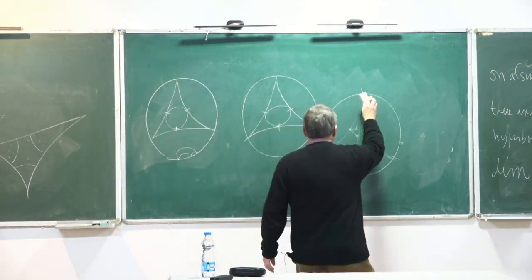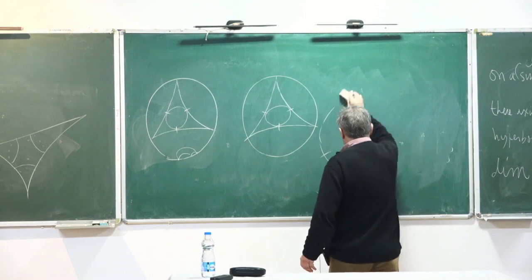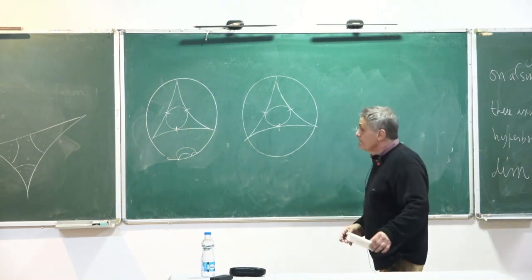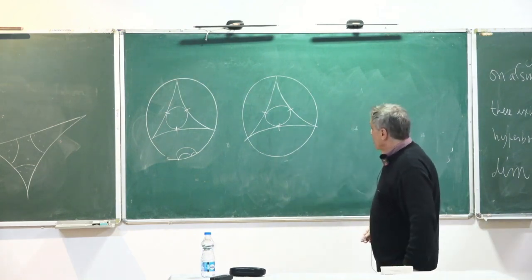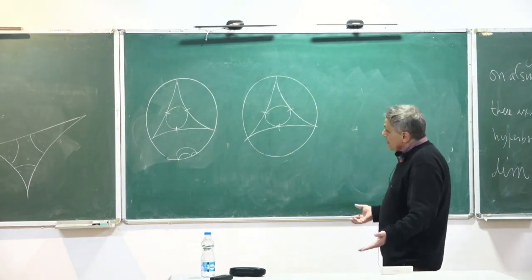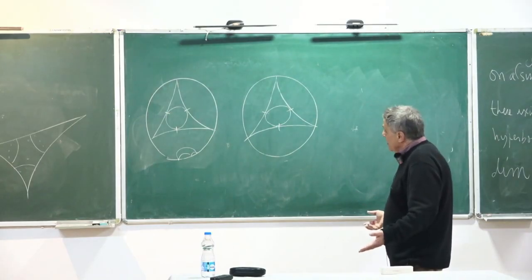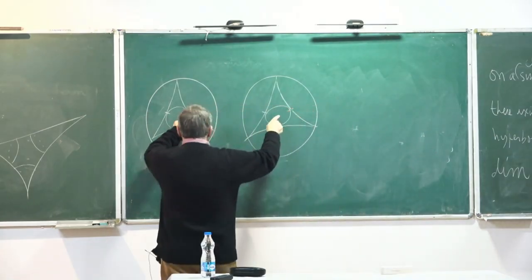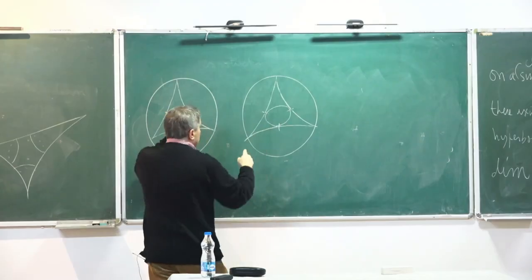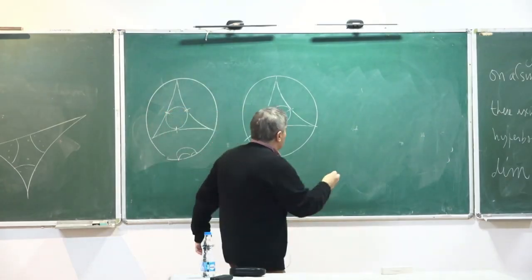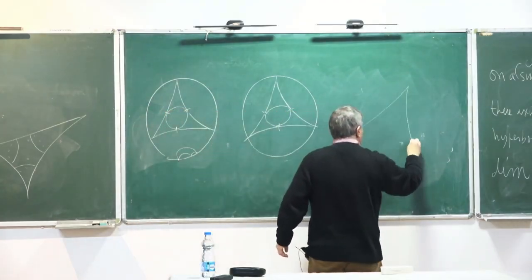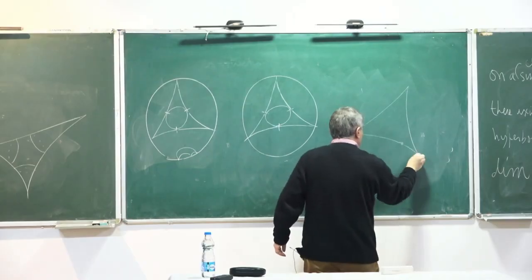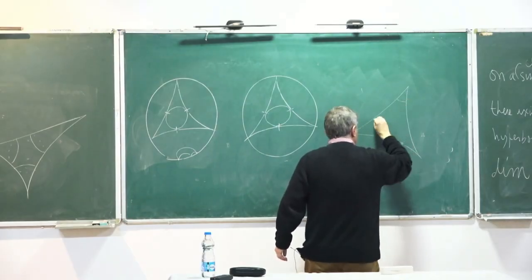I want to construct a surface by gluing 2 ideal triangles. The natural choice is that I glue this point to this point, this point to this point, and this point to this point, right? And then there's no question that I find this surface here.